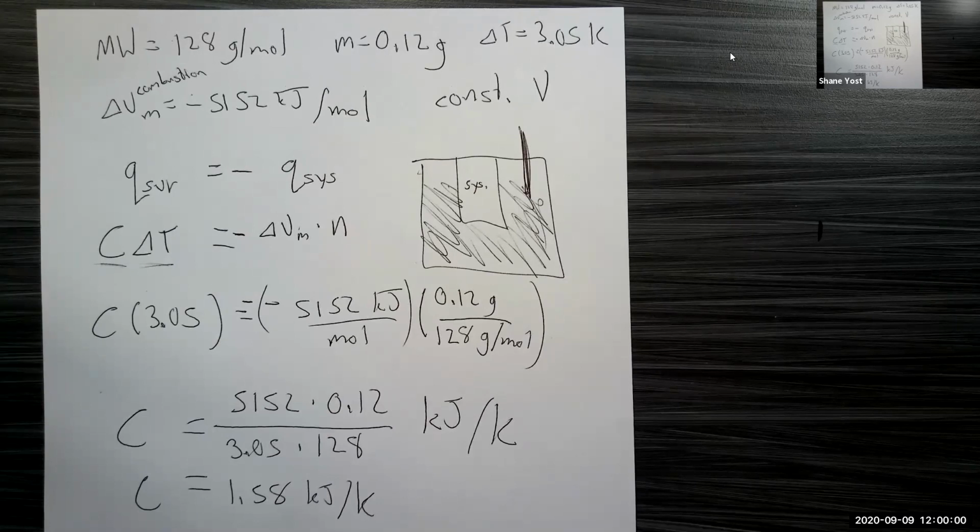And so that will be a point taken off on an exam or things like that. But that's it. It would just be a point. But if you convert this to joules and put 1,580 joules per Kelvin, that is fine by me. Okay.